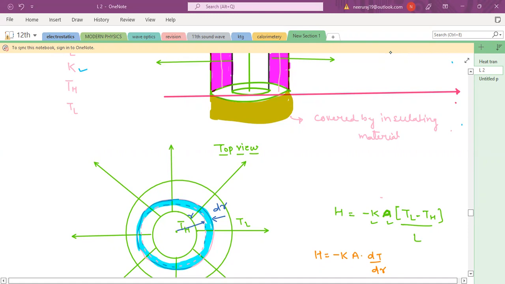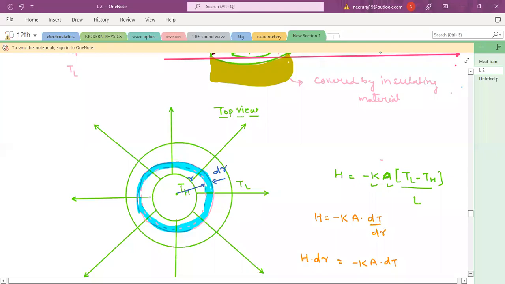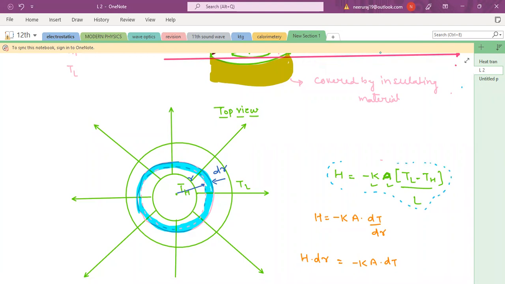Now for heat current, you have two formulas. One formula is this, but you remember when to apply this formula? You apply this formula when throughout the length, area remains constant, and length you need to take in the direction of heat current.